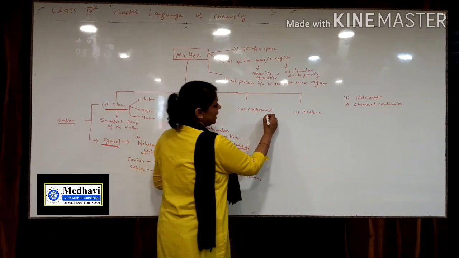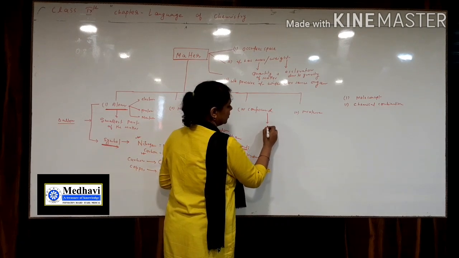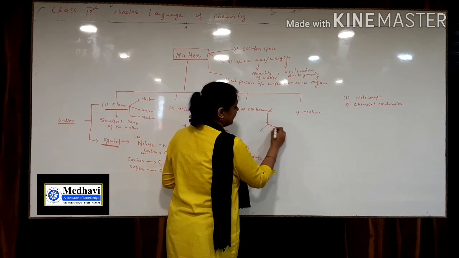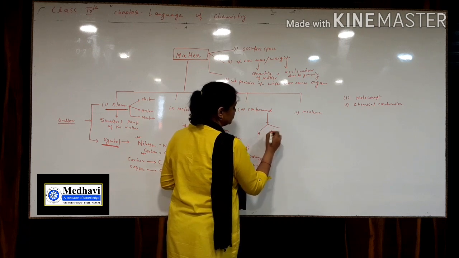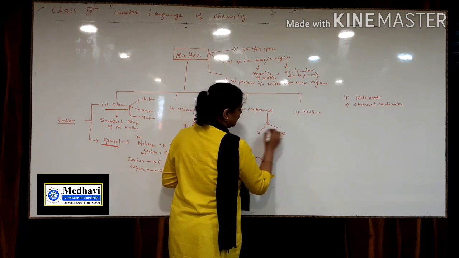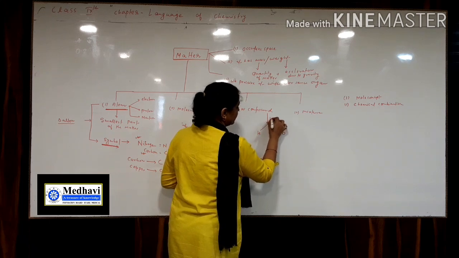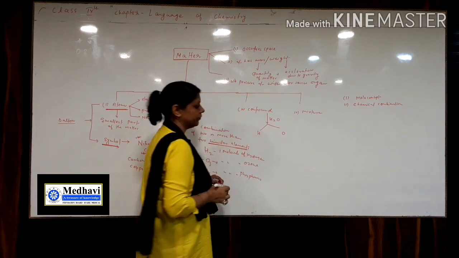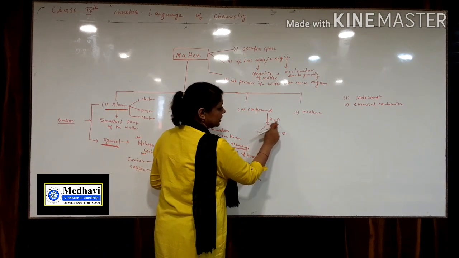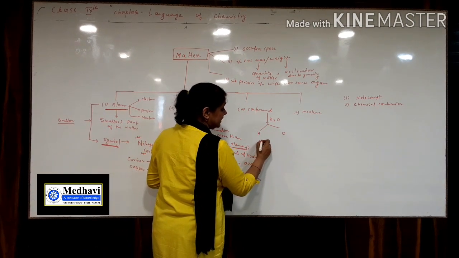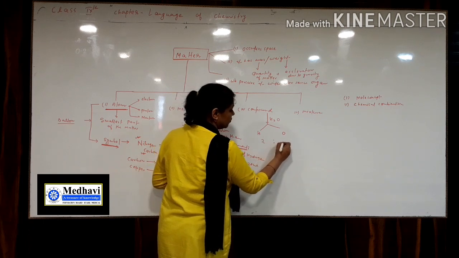Compound is combination of two different elements. For example, I am going to use H2O. It is a compound. Because here we are going to use two different atoms, two different elements, and they have a fixed ratio.